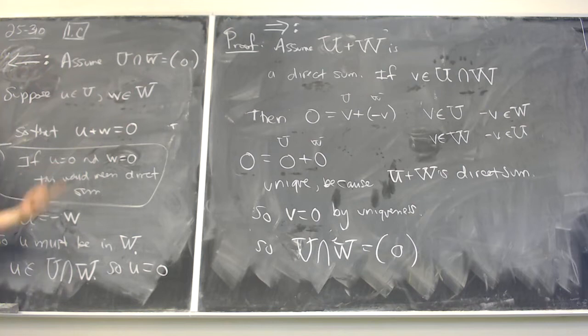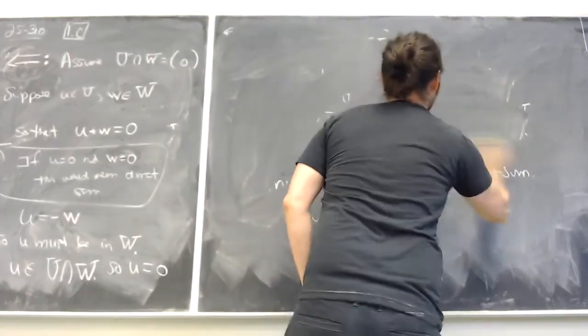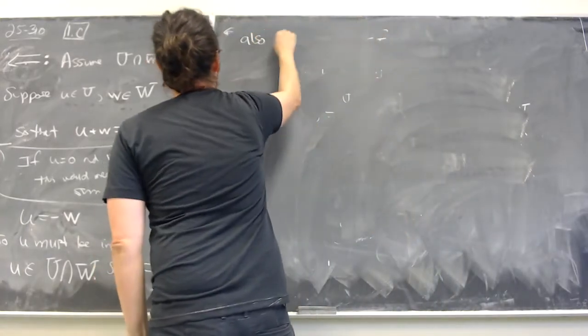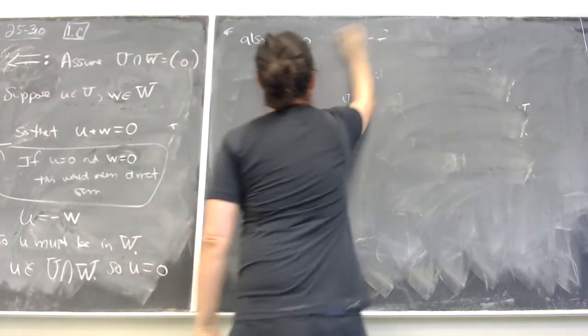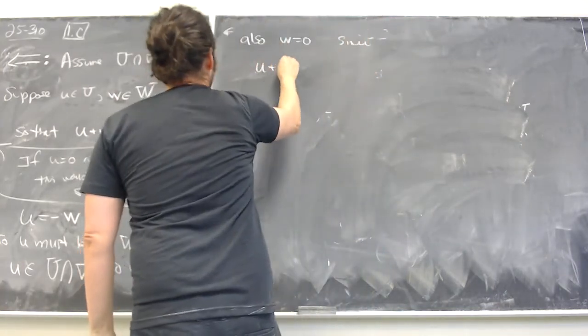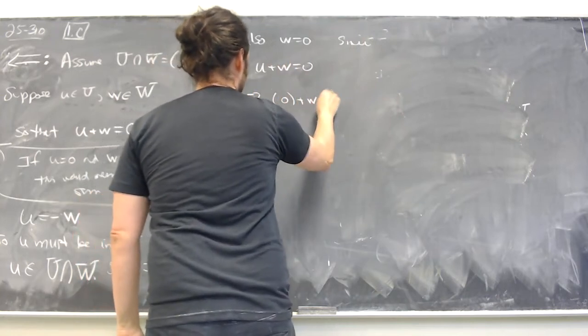But what's the additive inverse of 0? 0. So w is also 0. Because u is equal to 0, this equation also forces w to be 0. So w is equal to 0 since u plus w equal to 0 implies that 0 plus w is equal to 0.